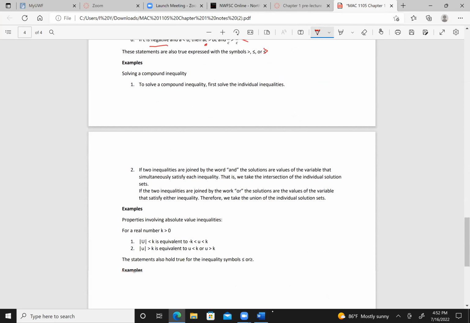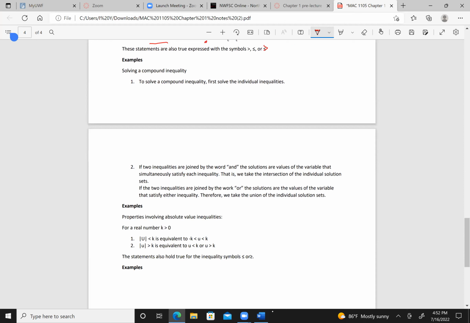Solving a compound inequality. To solve a compound inequality, first solve the individual inequalities. If the two inequalities are joined by the word and, the solutions are the values of the variable that simultaneously satisfy each inequality, so we take the intersection of the individual solution sets.